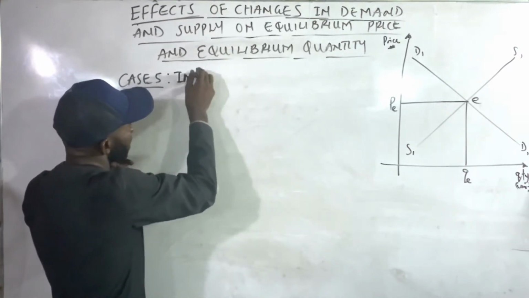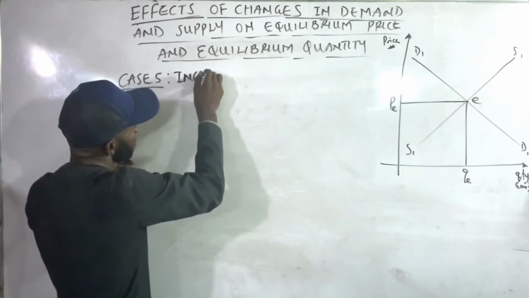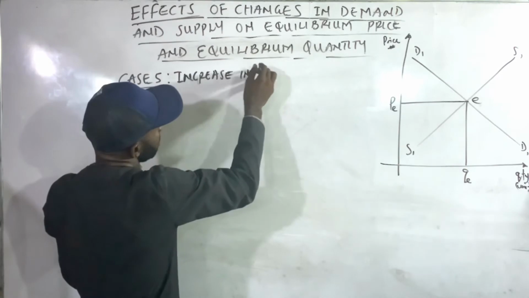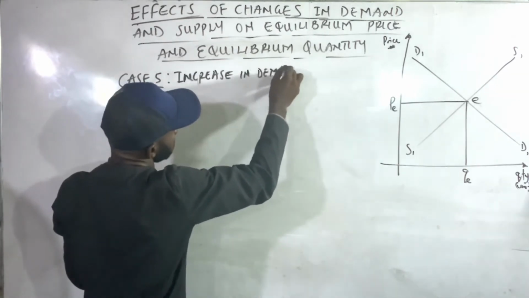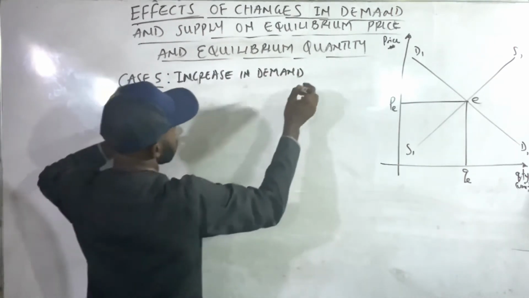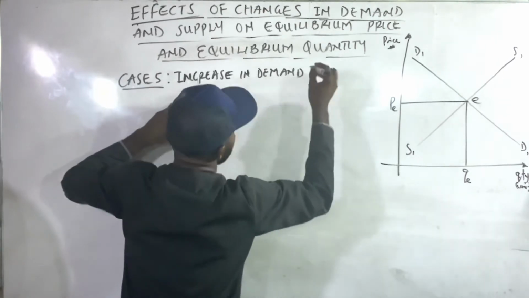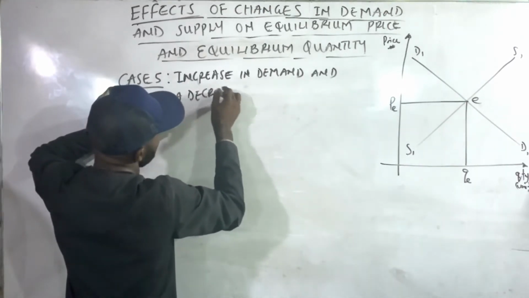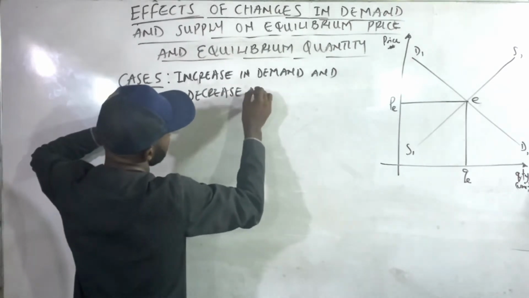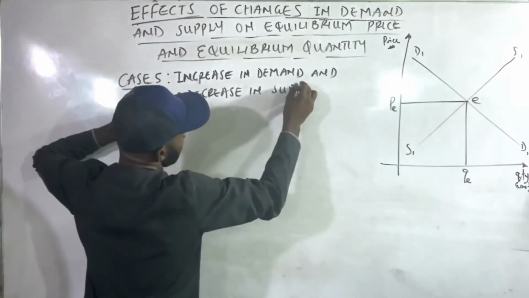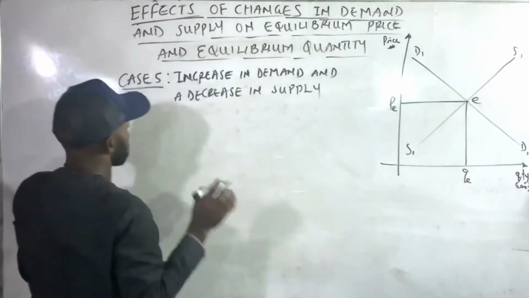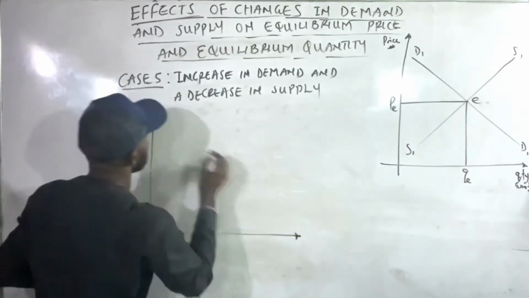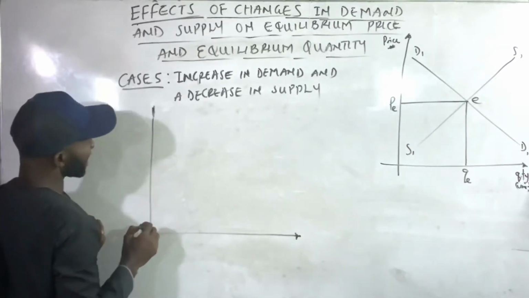Let's take increase in demand as the first instruction, and then a decrease in supply. No big deal. Follow the instruction and everything will appear clear.